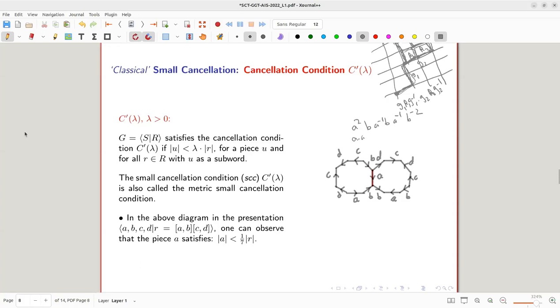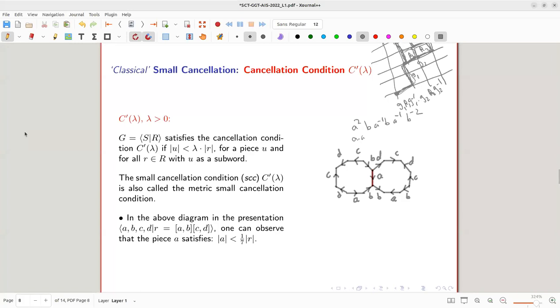Lambda greater than 0, but lambda greater than or equal to 1 doesn't make any sense, right? If lambda is greater than or equal to 1, then what does that mean? That the length of the piece, the length of the subword u, is less than, say, if lambda is 2, then 2 times the length of the relator.